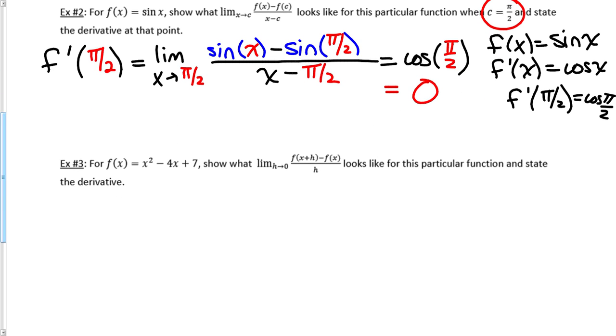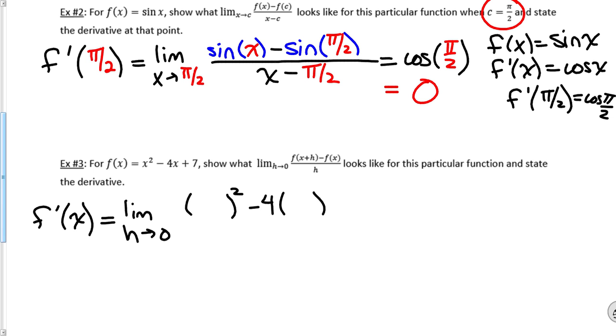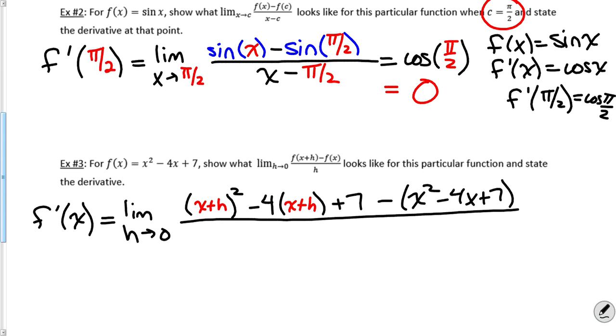For this one, we're going to show what the limit looks like, and then we're going to find the derivative. And this is a power rule, so we've actually already seen one like this. So we have f prime of x is equal to the limit as h approaches 0 of x plus h squared minus 4 times x plus h plus 7, and then I'm subtracting the function, x squared minus 4x plus 7, all over h.